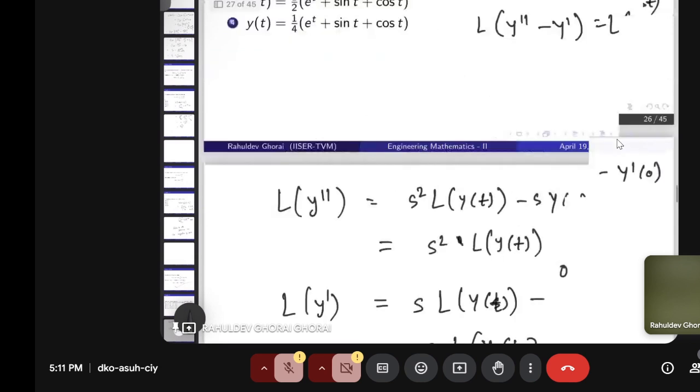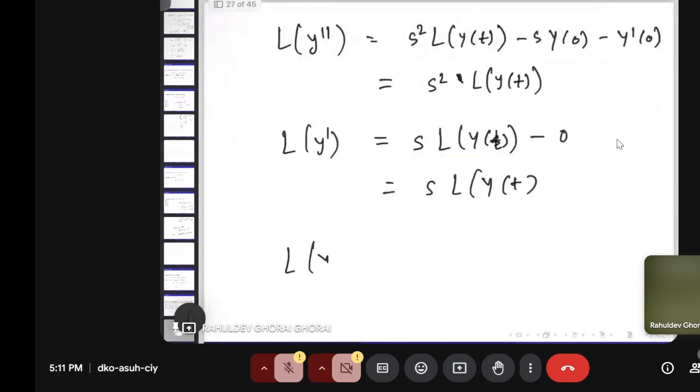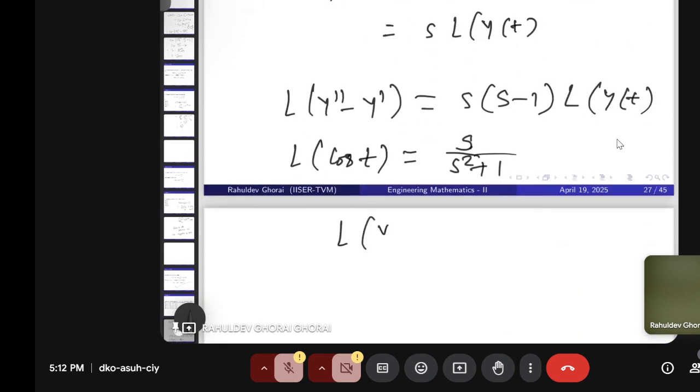So if you have L of y double prime minus y prime, it will be s times (s minus 1) L of y(t), and you know that is equal to L of cos t, that is nothing but s over s square plus 1, right? That is the cos way. So L of y(t), as they are equal, will be 1 over (s square plus 1)(s minus 1), right?